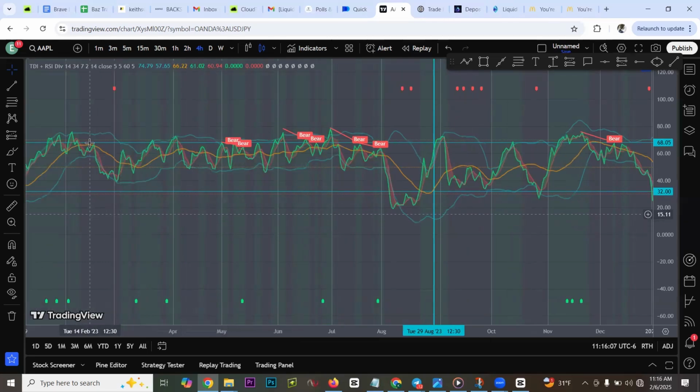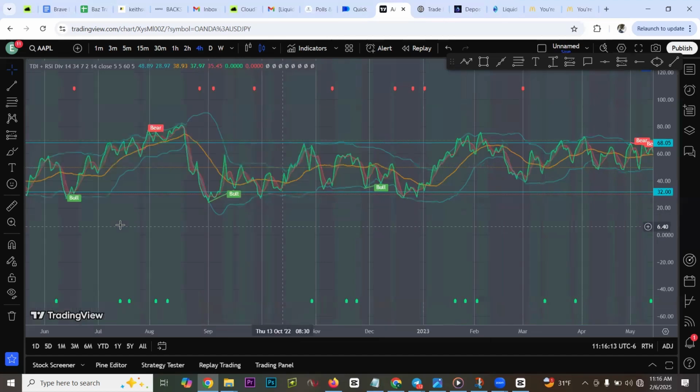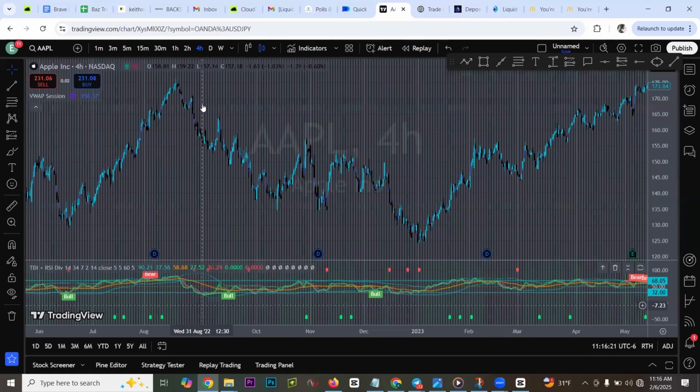Same thing here, didn't quite break above it. Just going back in time to find a place. Okay, right here, 68, and then broke back below it. Let's look at what price did above. Sold heavy. You see what I'm saying? Now this is a major reversal.